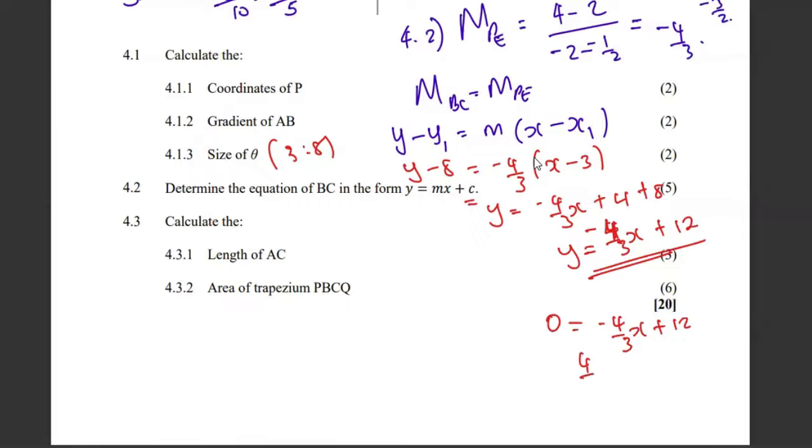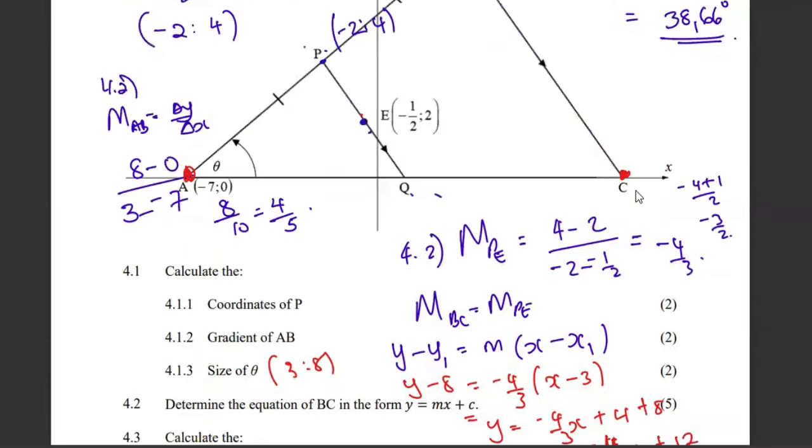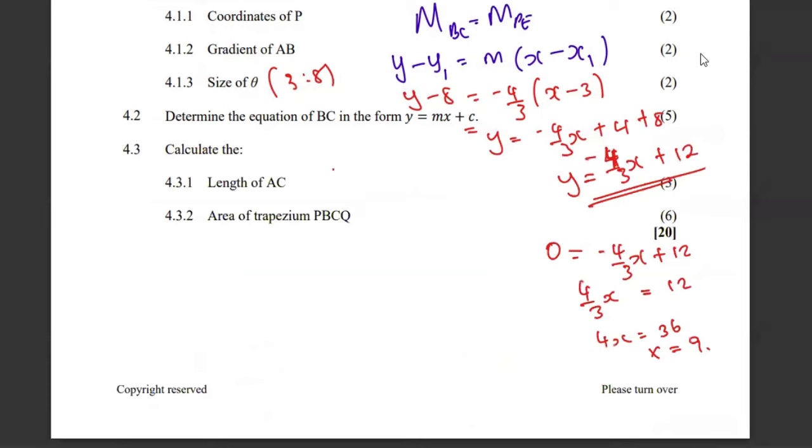So 4 over 3x is equal to 12, cross multiply. So 4x is going to be 36, x will be 9. Okay. So if this is 9, this is 7. So it's going to be 7 units plus 9 units, which gives us 16 units.